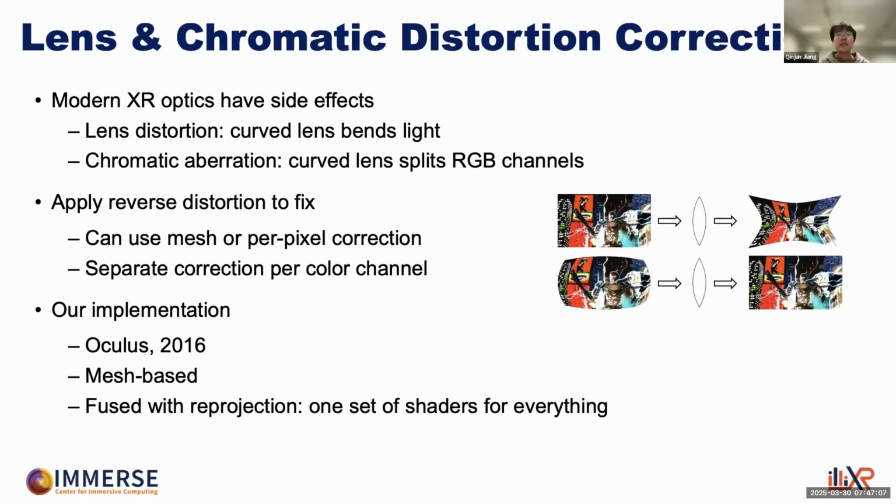Okay, so this summarizes the visual pipeline, which is basically the reprojection and distortion correction, so that the user could see beautiful pixels that reflect their point of view and perspectives in a timely manner.